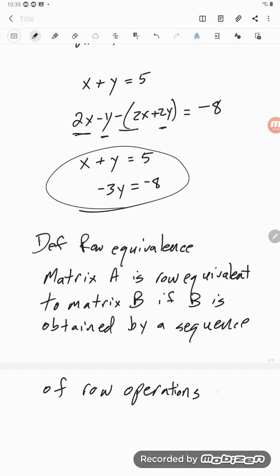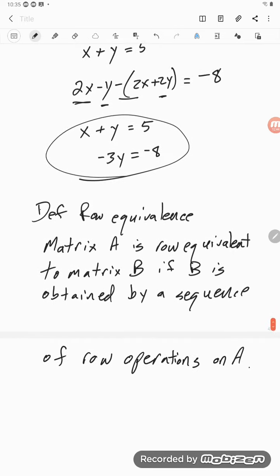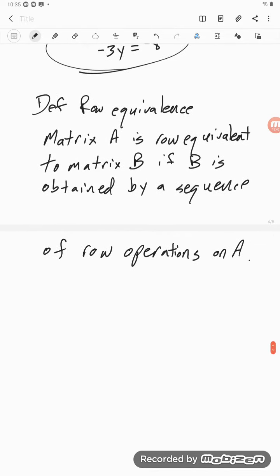So we start with A, we do a bunch of row operations, we get B, then B is row equivalent to A.